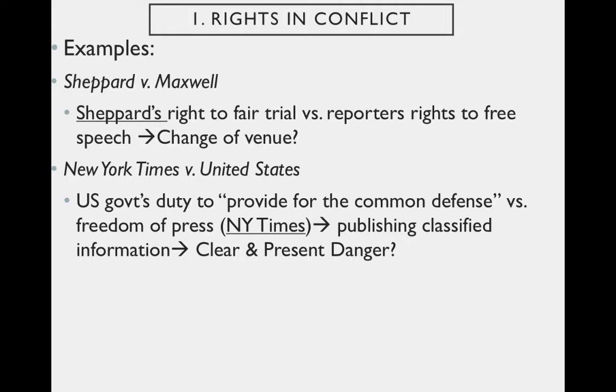Reputable news outlets will talk to the Department of Defense, will talk to the Pentagon about information before they publish it. So let's say the New York Times has something that deals with troop movement or has something about the location of a terrorist. They will go to the Department of Defense.